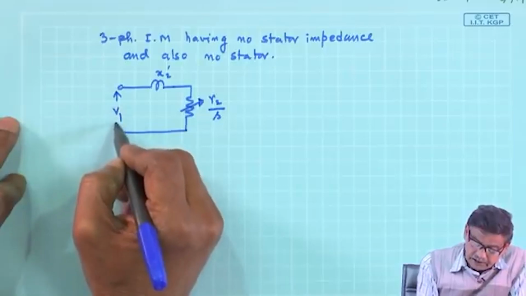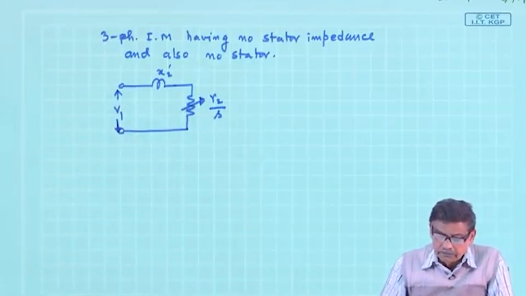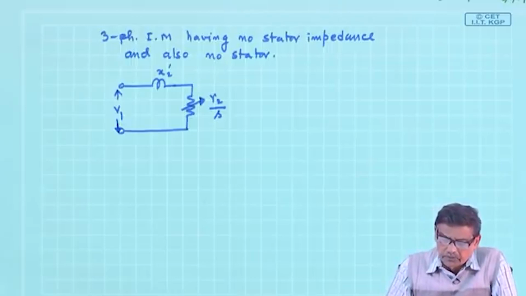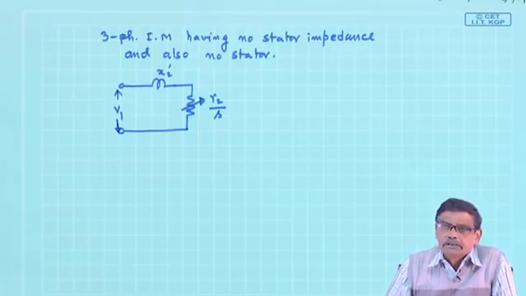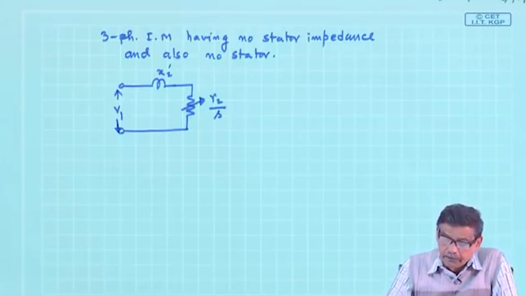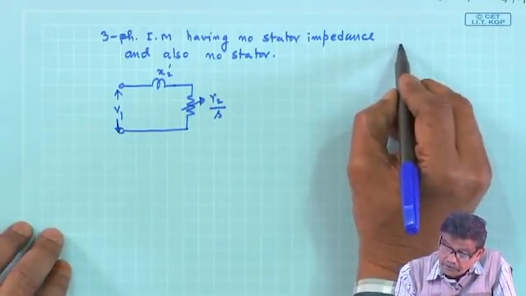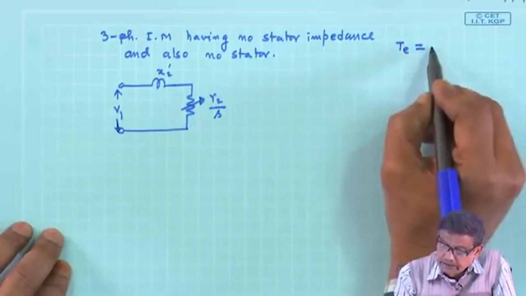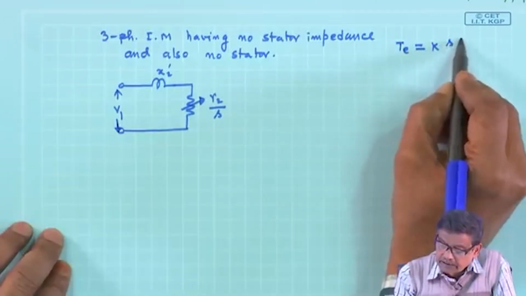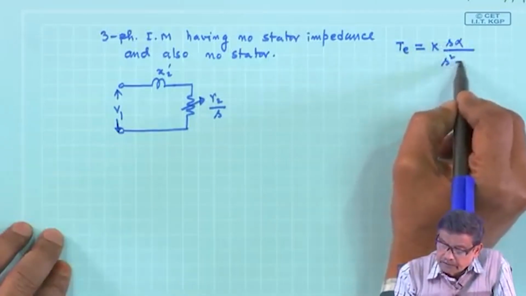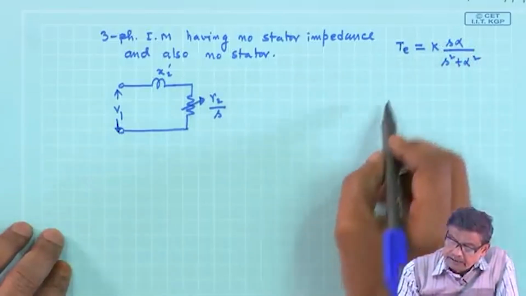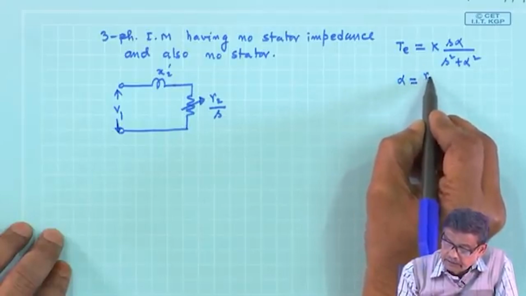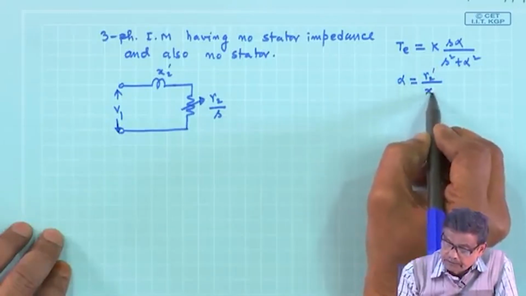In fact, sometimes, as I told you, to get quick estimates of the performance of the induction motor, people may resort to this equivalent circuit, which is very simple. For that we found that electromagnetic torque at any slip is equal to k s alpha by s square plus alpha square, and the slip at which maximum torque occurs is r 2 dashed by x 2 dashed.